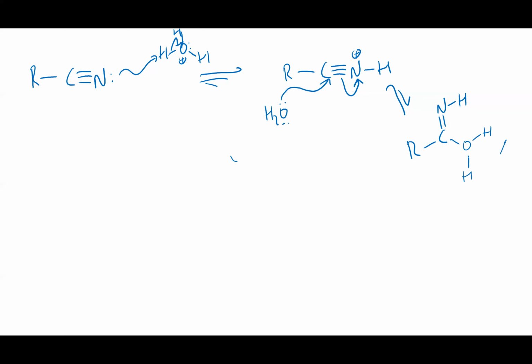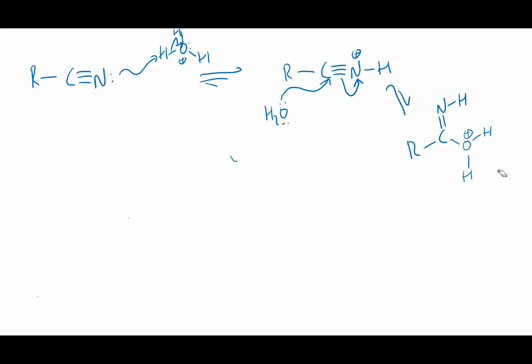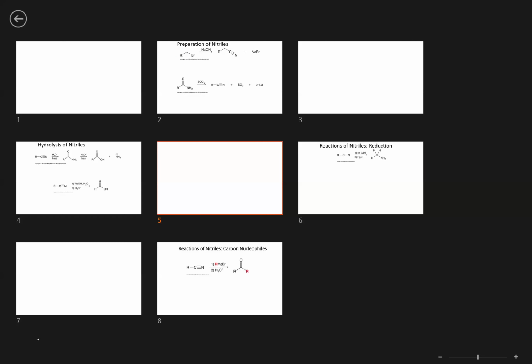Now we have this intermediate. And we're just working on that first part of the reaction scheme we had on the previous slide. So we're working on getting towards having an amide. Now we've got some proton transfers to do. Sorry, let me just correct that. I've lost it.